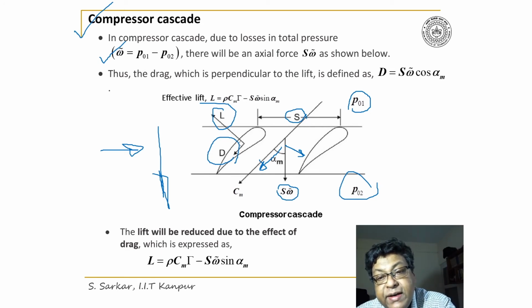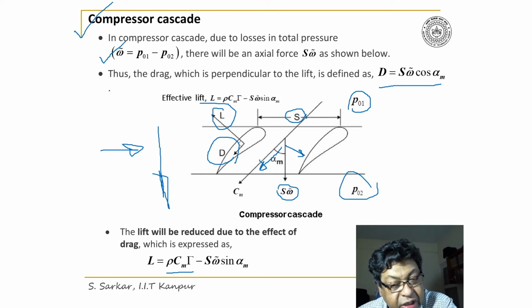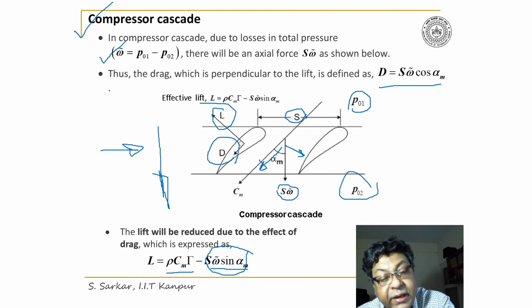So here I have written drag is equal to S into omega tilde into cos alpha m, and the effective lift is rho Cm into gamma, which is the theoretical lift, minus S into omega tilde into sin alpha m. Look, this S into omega tilde into sin alpha m is coming here because of viscous effect.